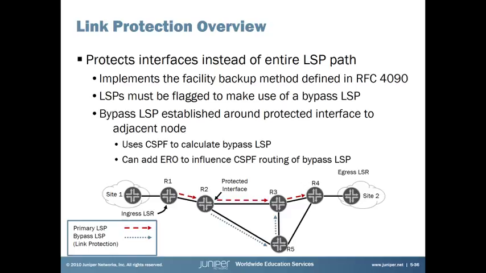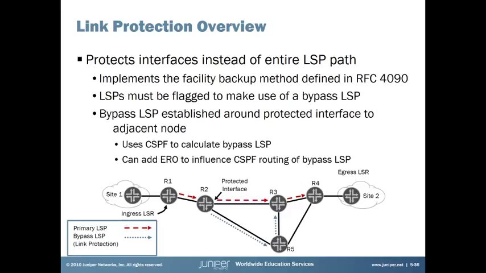This particular approach, link protection, is centric to a link rather than to an LSP. So any LSPs that use those links can be protected by this mechanism. If we have a link that fails, or even a downstream node that fails, we'll look at that shortly, all the LSPs that may be using that link or that node can be rerouted around this new path that we're putting in place.